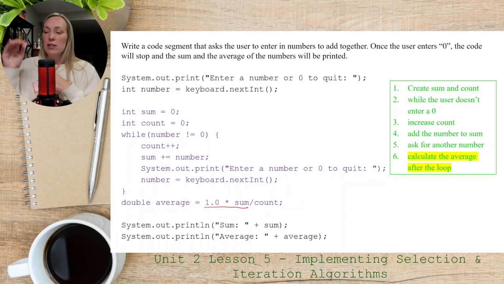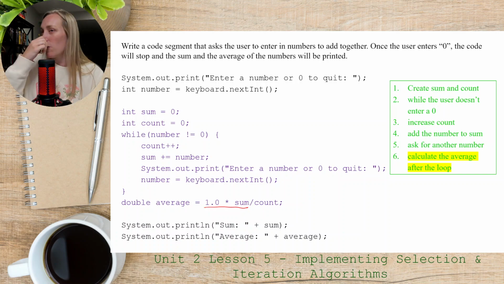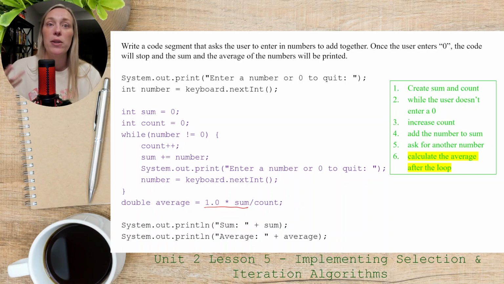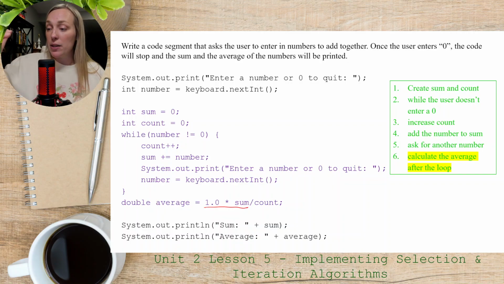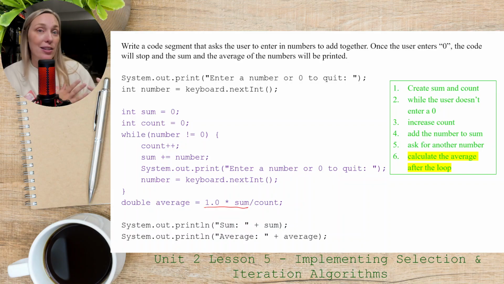Like if sum was this, or the number was this, what would happen? Go through an example with a number. Then write out the steps like we did, number 1 through 6. Try to write out the steps just in English, right? Step by step, what am I going to do? And then once you have those, then you can start applying the code and testing the code and seeing if that works out, okay?